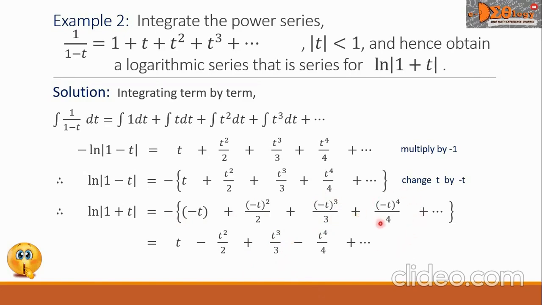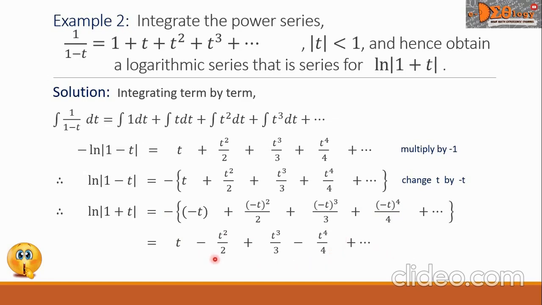Simplifying the fourth term, negative t raised to 4 all over 4, and there is a negative sign outside here, we have negative t raised to 4 over 4, plus, and so on.